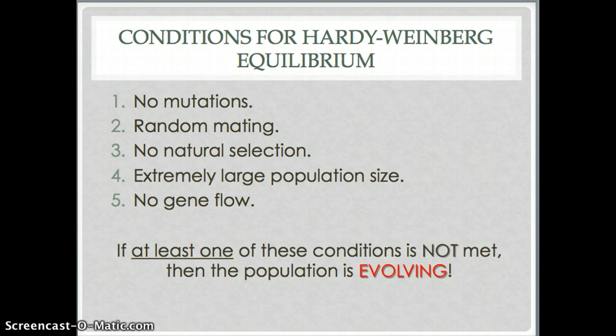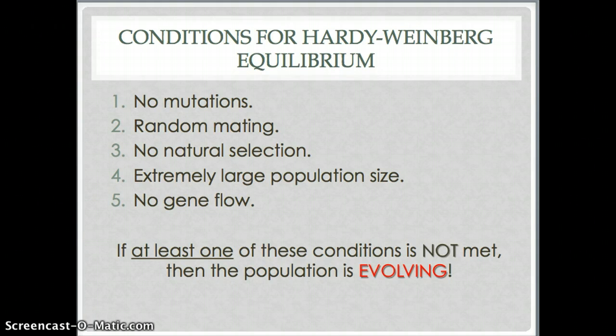Five, there will be no gene flow. If at least one of these conditions is not met, then the population would be considered as evolving. All five conditions have to be met before we can consider this population has reached Hardy-Weinberg equilibrium.